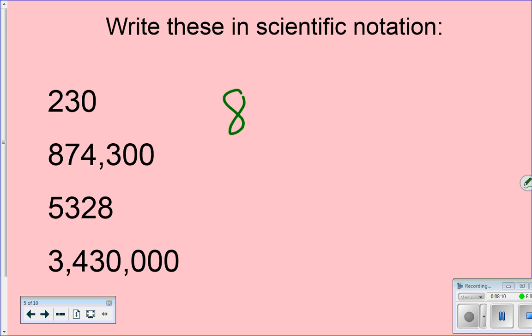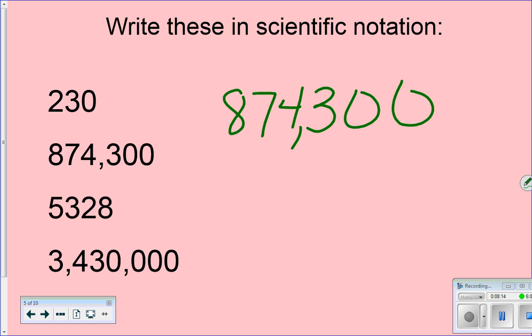Okay, so 8, 7, 4, 3, 0, 0. First thing I need to do, make sure you've got a note in your notebook. I'm going to put a decimal on the end, because that's where my decimal should be. And then I'm going to look at my number and say, okay, what numbers come before all the zeros? 8, 7, 4, 3. Okay?